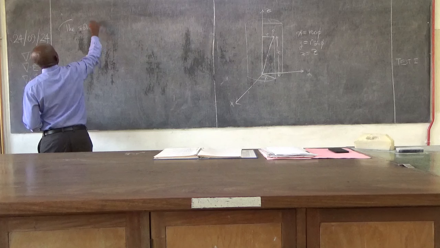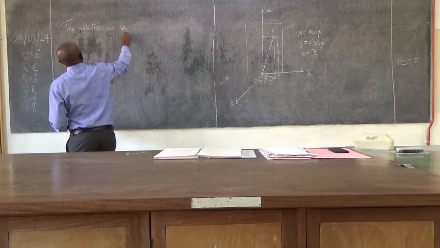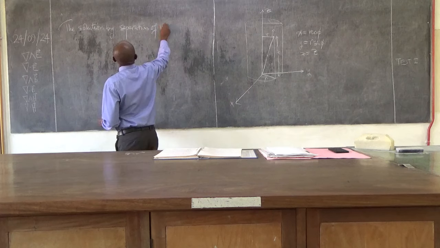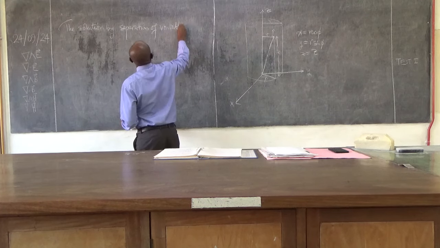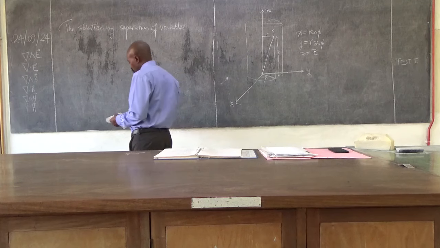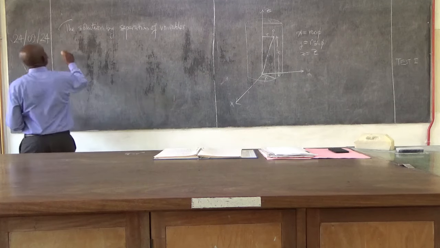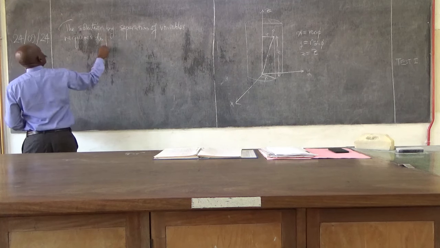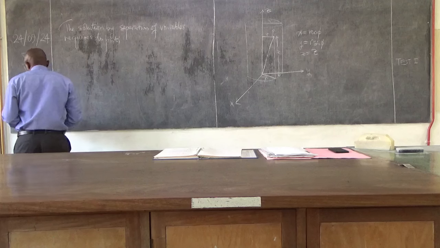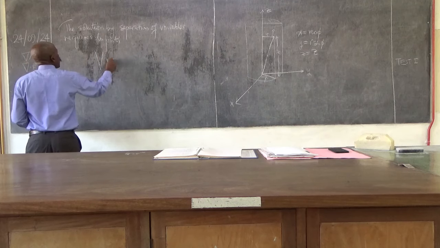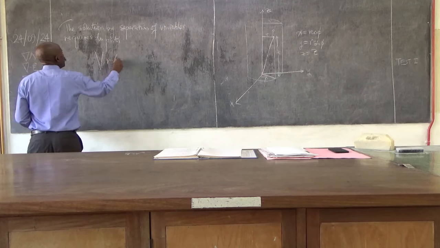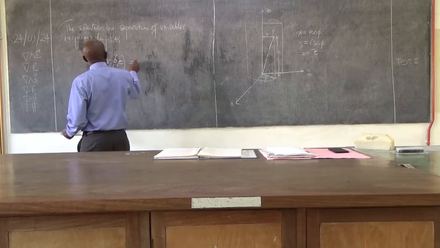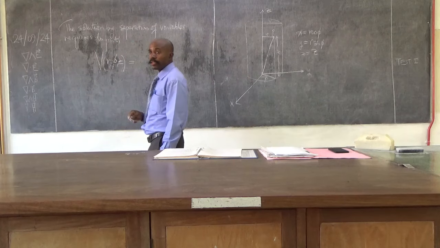The solution by separation of variables requires us to put V(r, phi, z) equal to the product of the solutions in each of these coordinates.